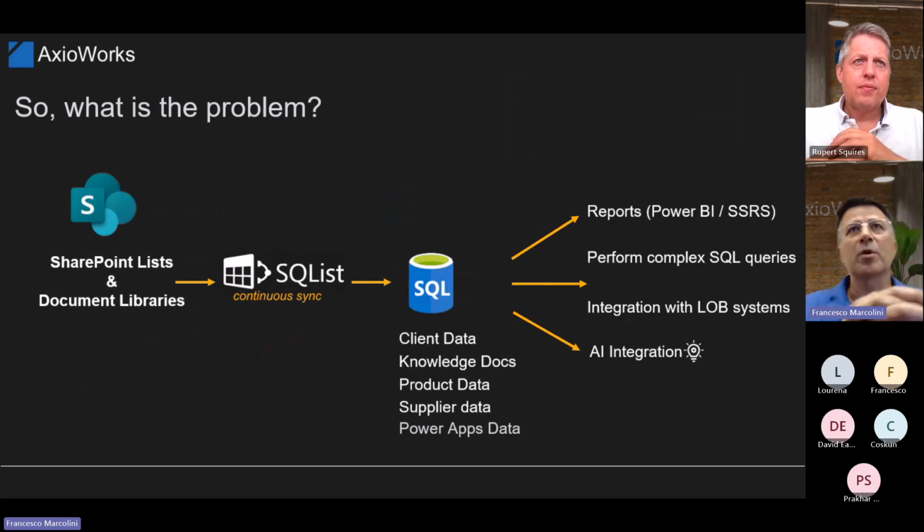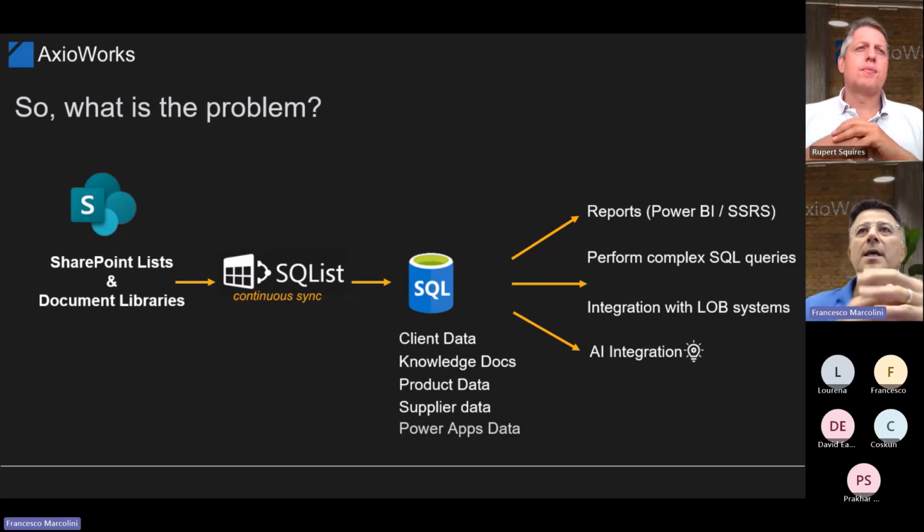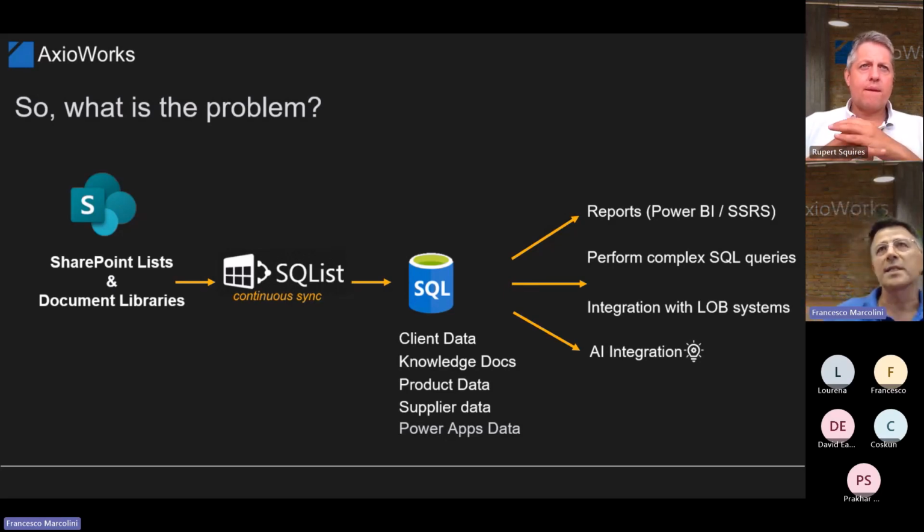Well, we have a product called SQList, and what does that do? SQList sits in between SharePoint and SQL Server, and it keeps in sync the data from the SharePoint lists and libraries as a SQL Server table on the destination database. Any change made in SharePoint is automatically replicated to SQL Server so that you have the data available directly as SQL tables.